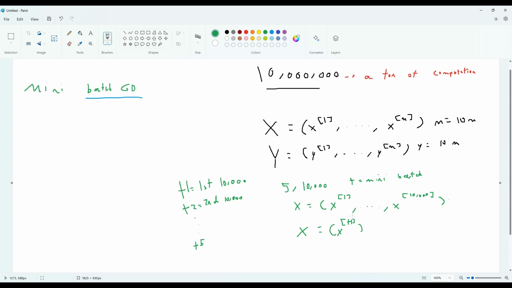And it should be superscript, so let me fix that so it's not confusing. Okay, let's not do that, I guess. Why is it like that? Okay, that is terrible.